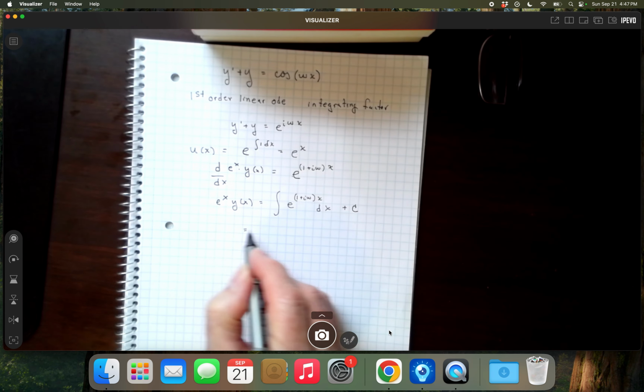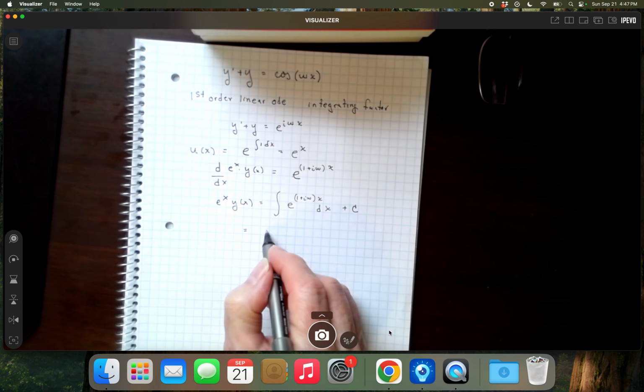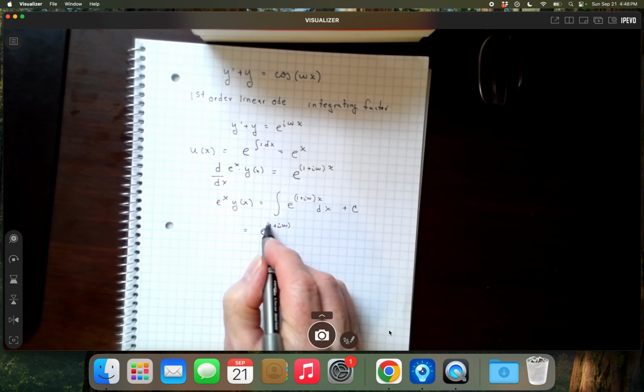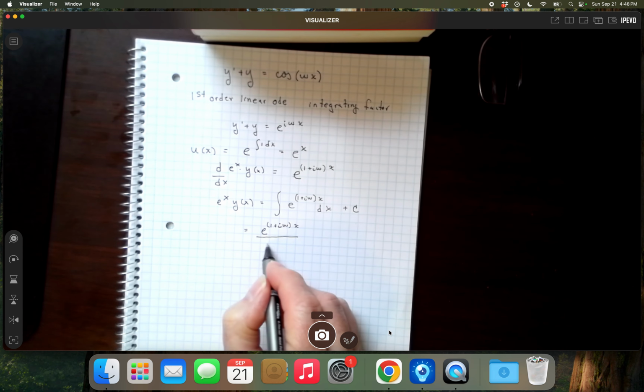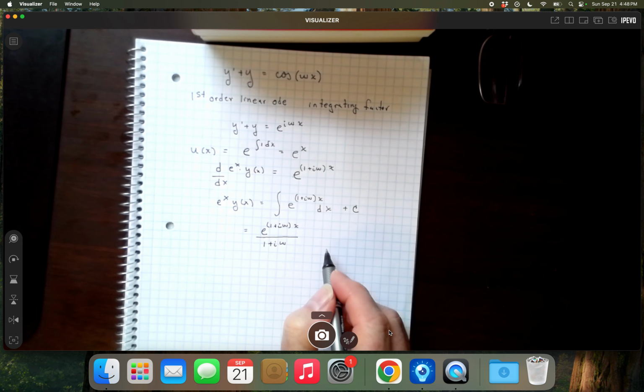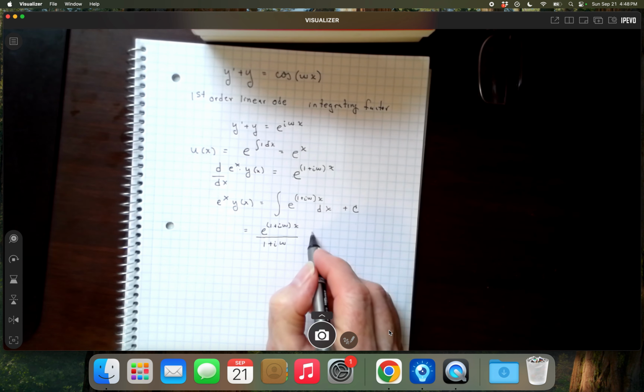So this integral, when you integrate this, is going to be e to the (1 plus i omega) x divided by (1 plus i omega) plus c.